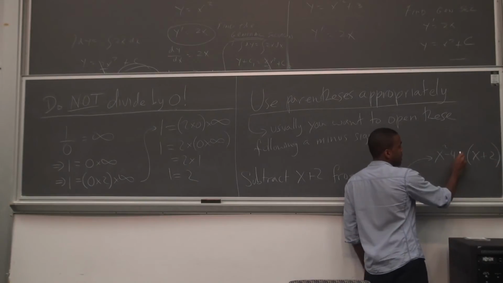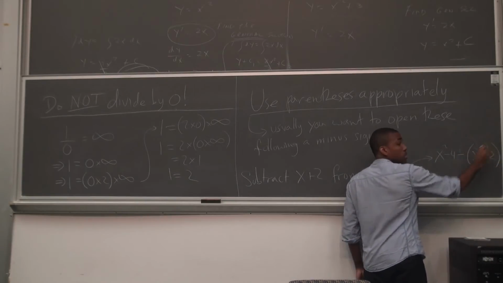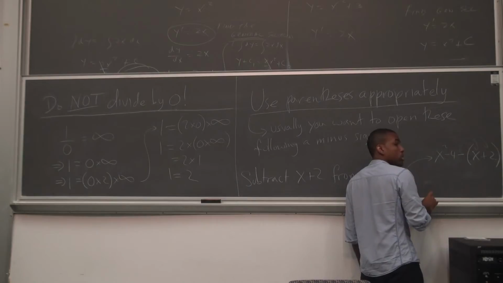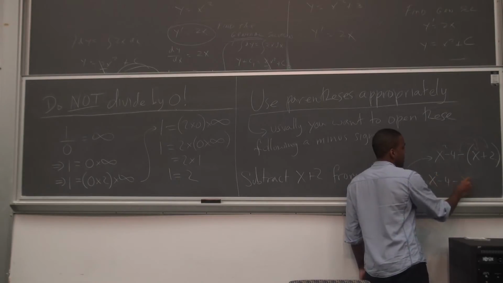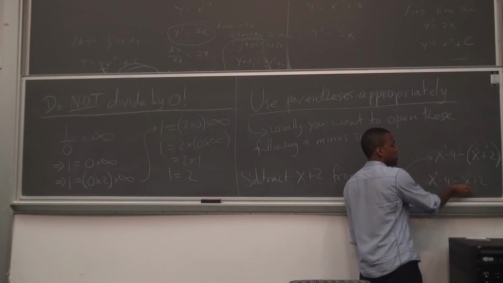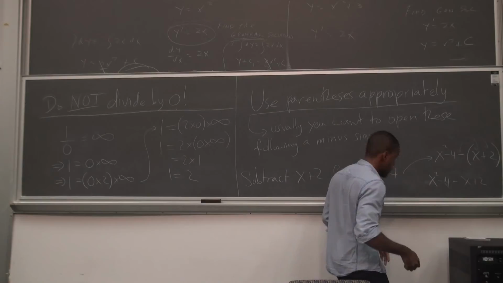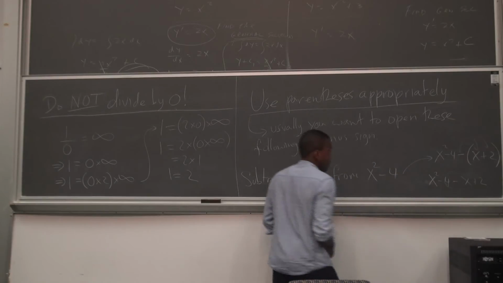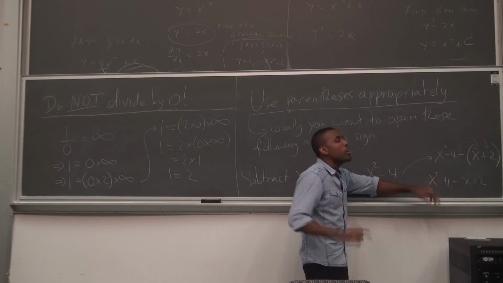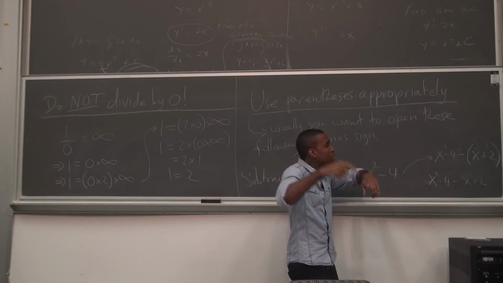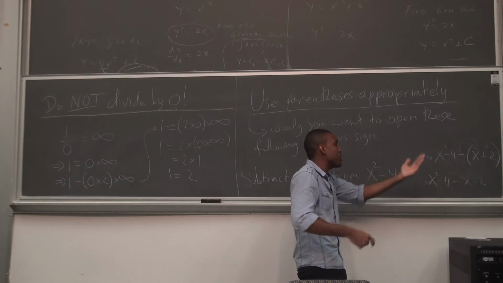Because the negative sign has to be distributed. If you write x squared minus 4 minus x plus 2, this is saying you're just subtracting the x and not the 2, but I want to subtract everything. I know a lot of students write this, but I know it's really distributed. Yeah, I know what I mean, professor.